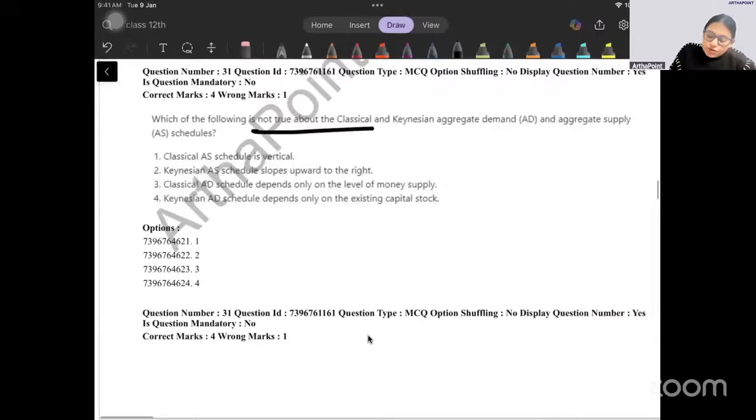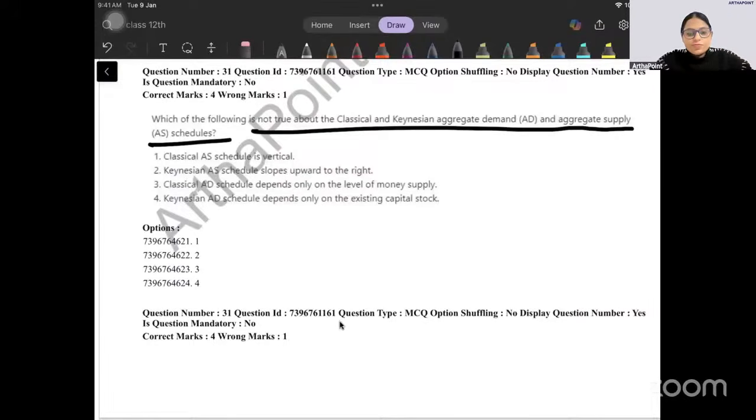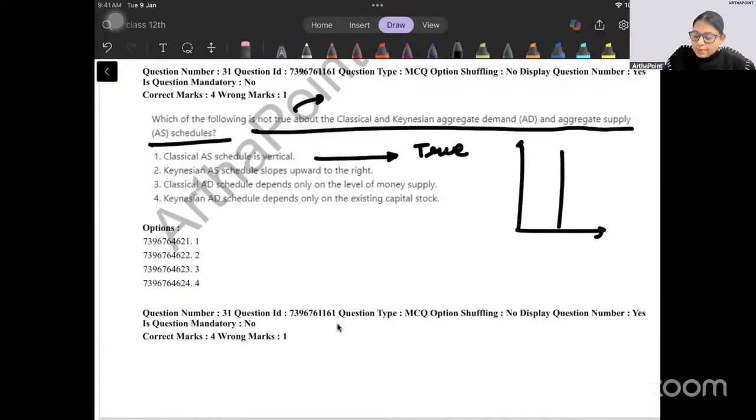Which of the following is not true about classical and Keynesian AD and AS schedules? Classical aggregate supply curve is vertical. Not true बताना है, हाँ? So this is true. Because we assume कि हमारे पास full employment है. ये तो true है.